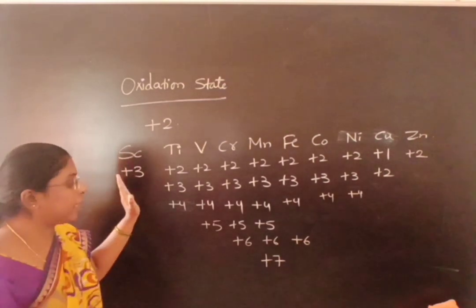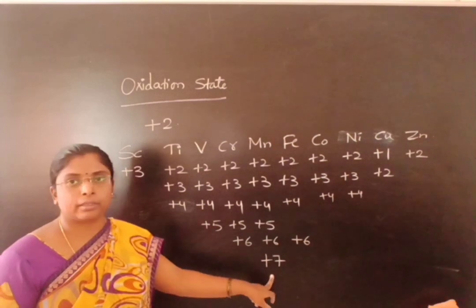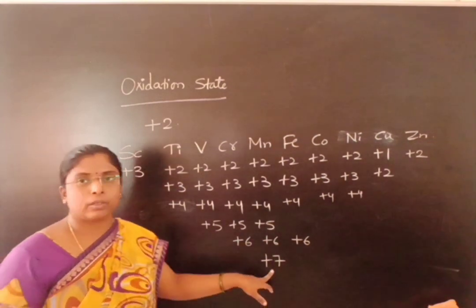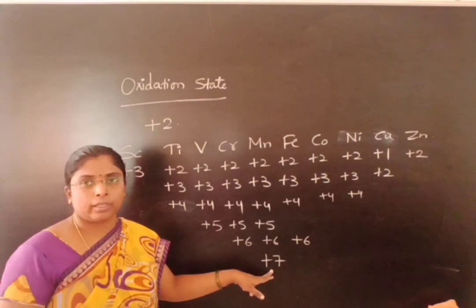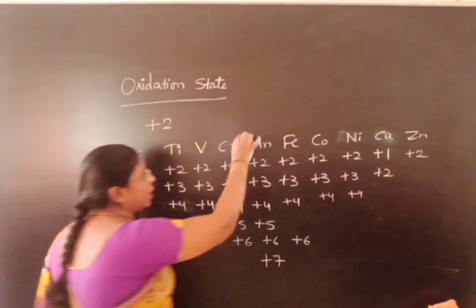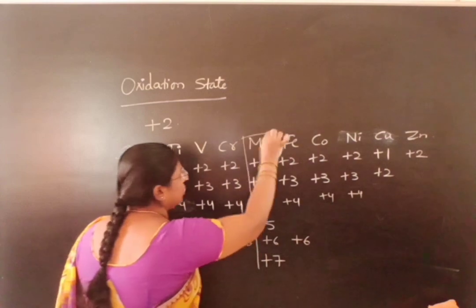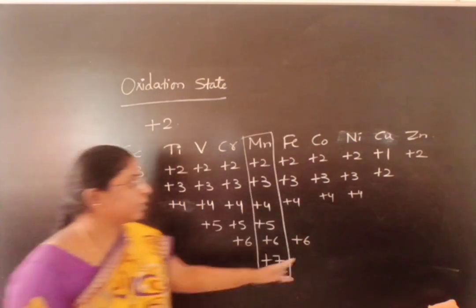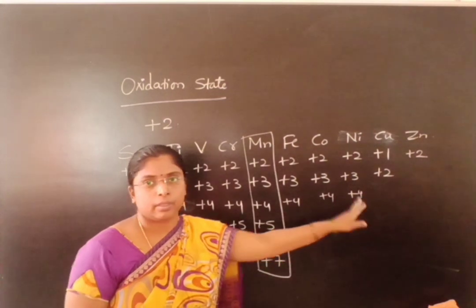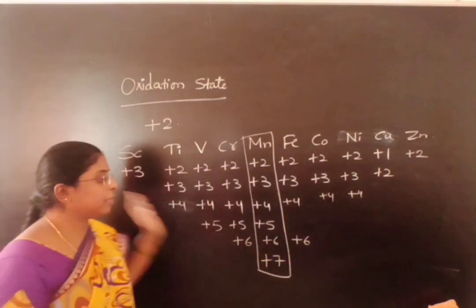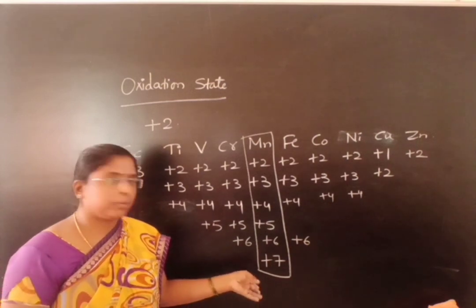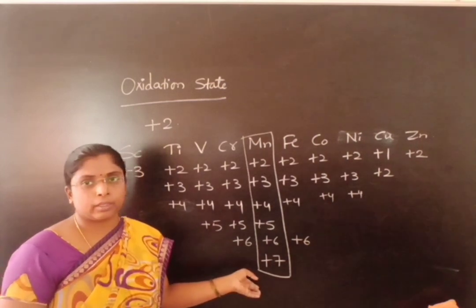When you move from scandium to manganese, the oxidation state goes on increasing. Manganese has a high oxidation state of +7. Later on there is a decrease in the oxidation state, because up to manganese there is a larger number of unpaired electrons contributed from both the d as well as s orbitals.